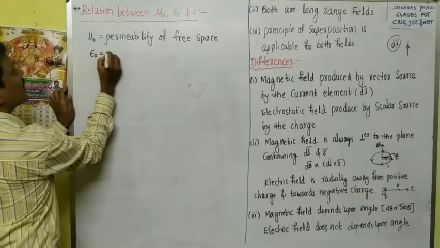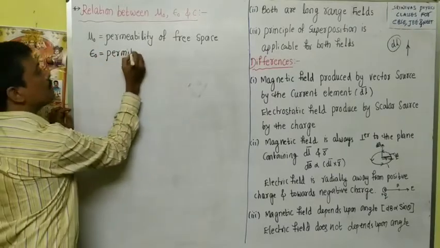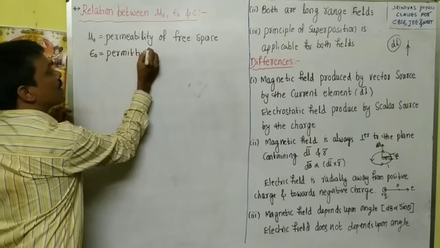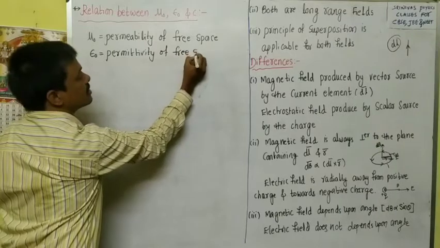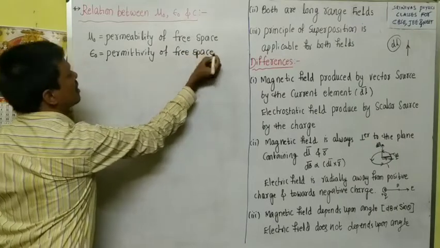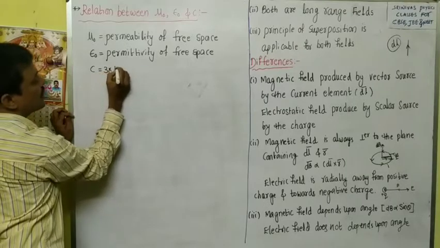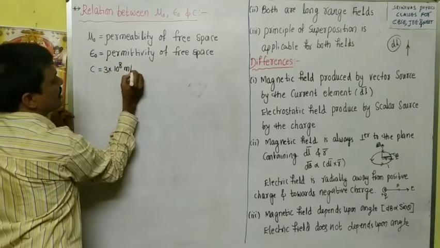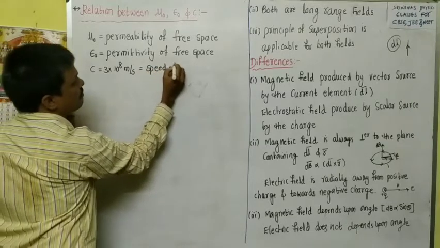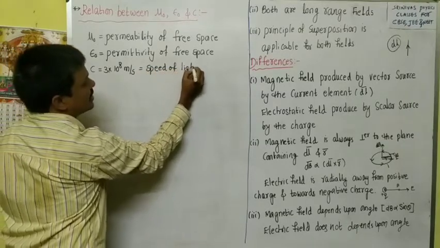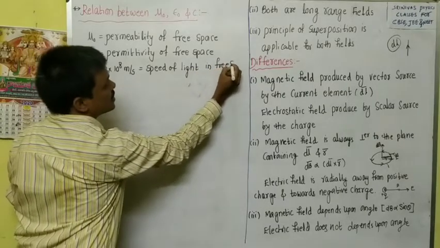Epsilon naught is the permittivity of free space. And c is 3 into 10 to the power of 8 meter per second, that is the speed of light in free space. Okay, free space means vacuum.